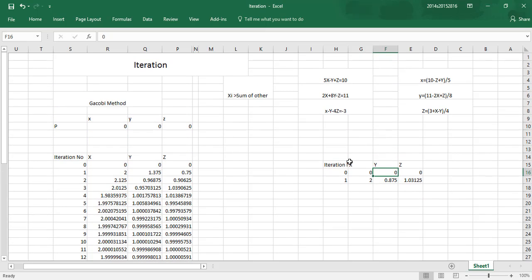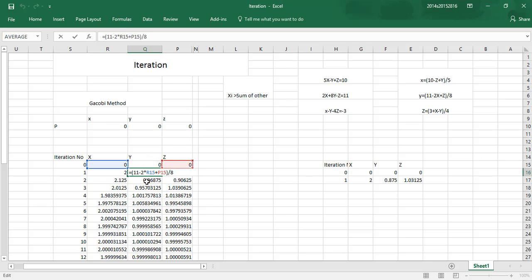The main difference is that in the Jacobi method we substitute the values of y and z in the x function from the previous iteration, and the same for y.